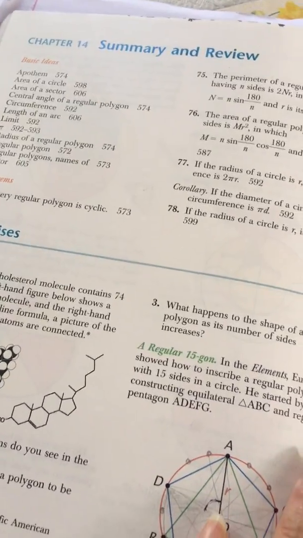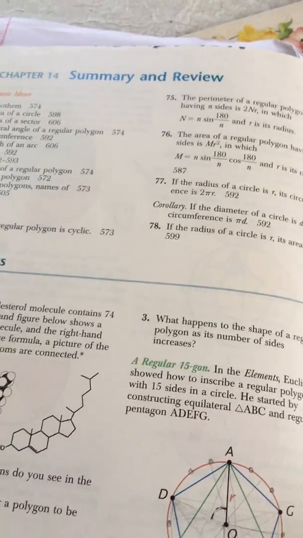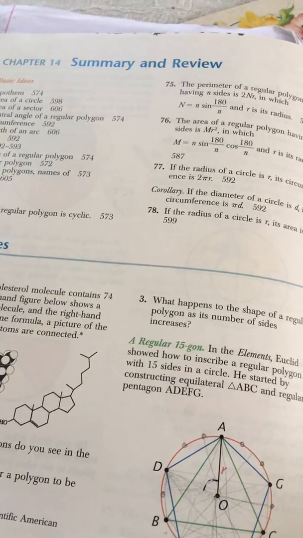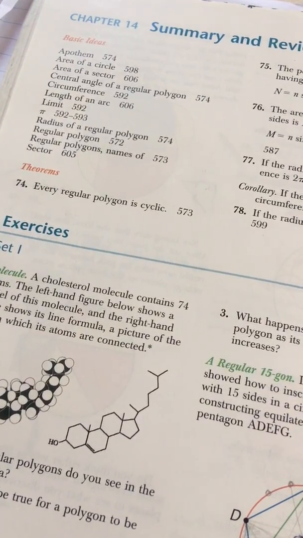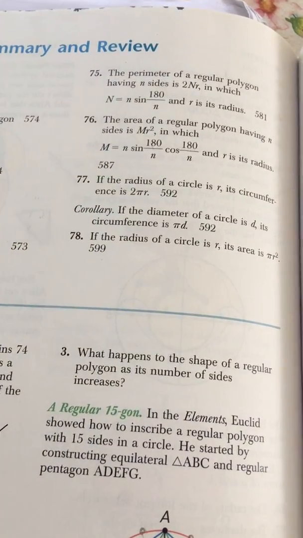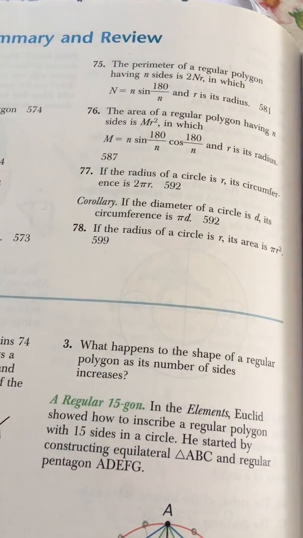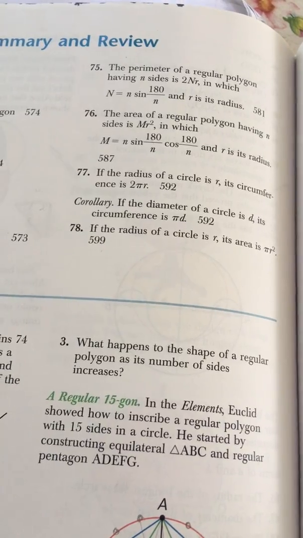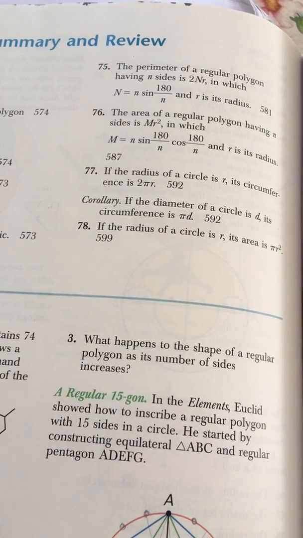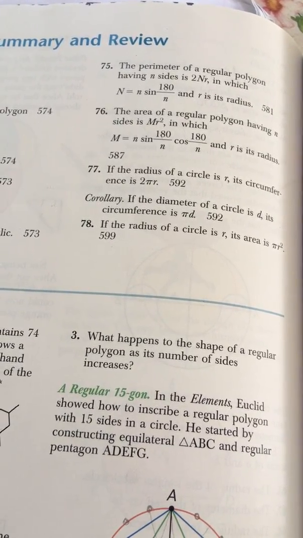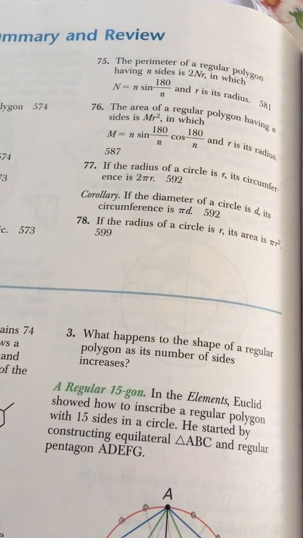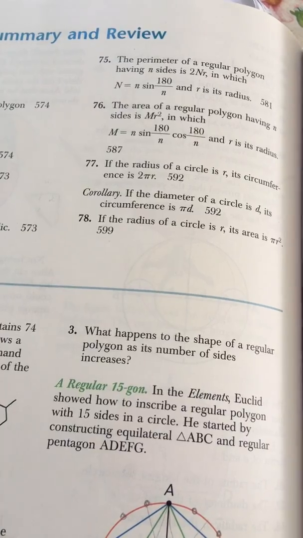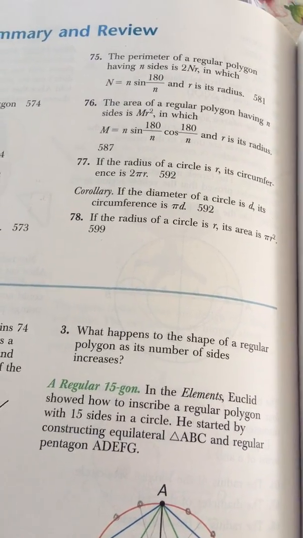Okay, so I'm working on modifying this down for us due to our circumstances and our time frame. But we're going to focus on things like every regular polygon is cyclic. How did we find what pi is? And then formulas for circumference and area of circles, which I think you already know: 2 pi r for the circumference, pi r squared for the area.